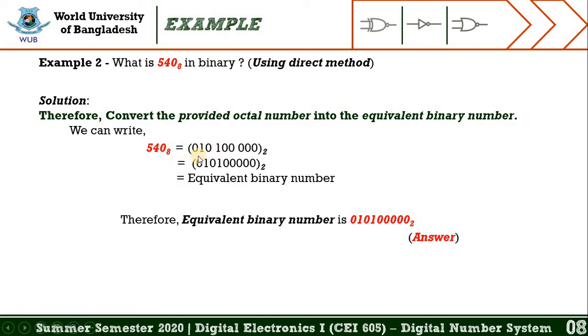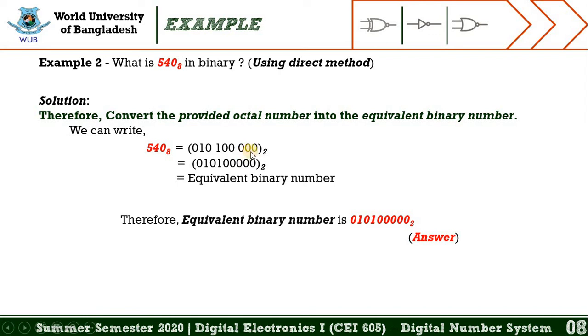The equivalent binary number of the given octal digit 5 is 101. Next, the equivalent binary number of octal 4 is 100, and the equivalent binary number of 0 is, I repeat again, 000.